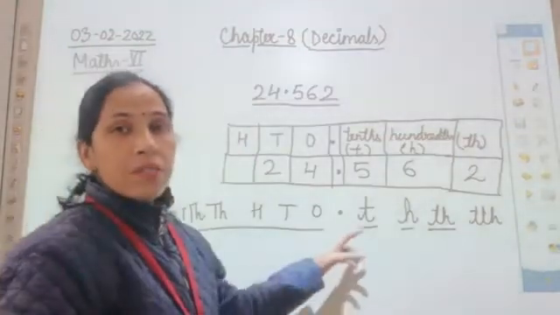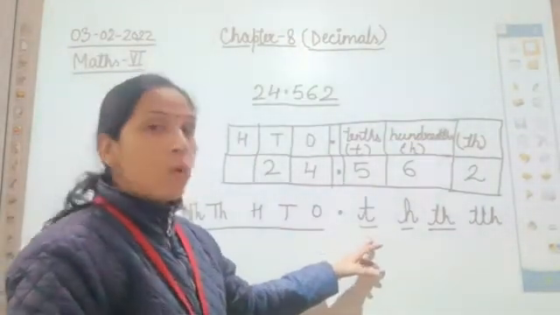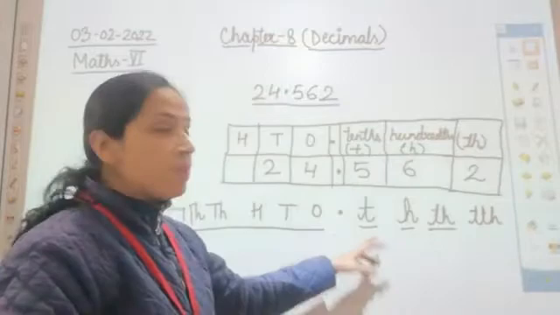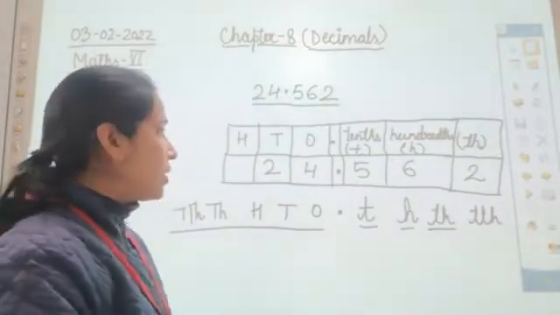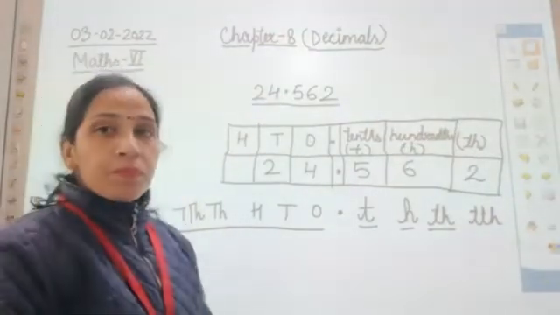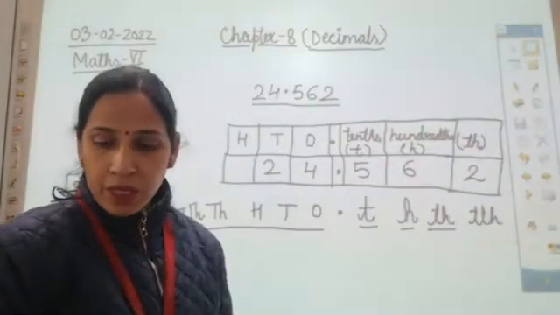So here after the decimal you will not find any ones place. Those places will start with small t only, tenths. So I hope this place value is clear to you all.